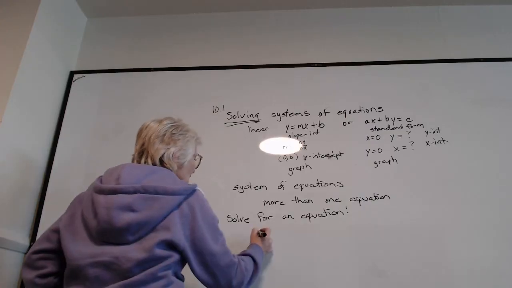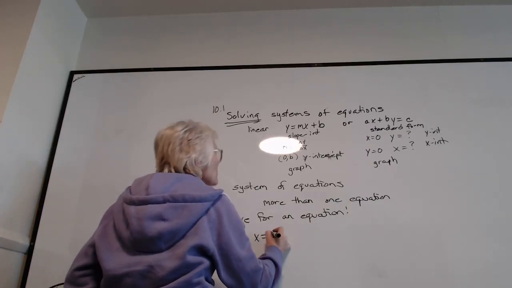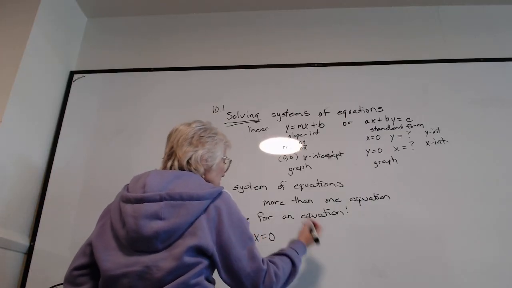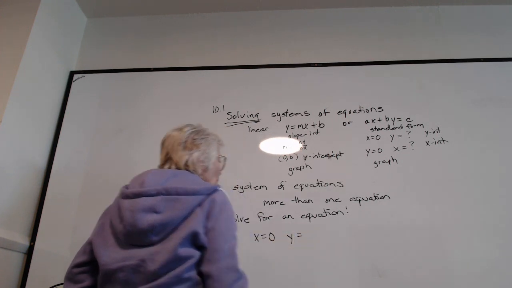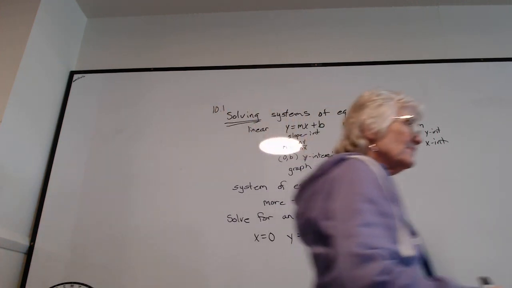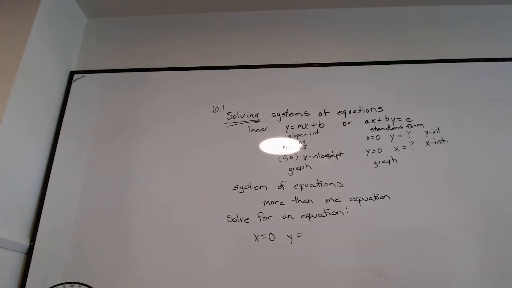Like if I say x equals 0, and I want to solve for y, what am I actually looking for there? You're looking for the y-intercept? I'm looking for the y-intercept, but what also is it? The x-intercept? No, the x-intercept is 0.